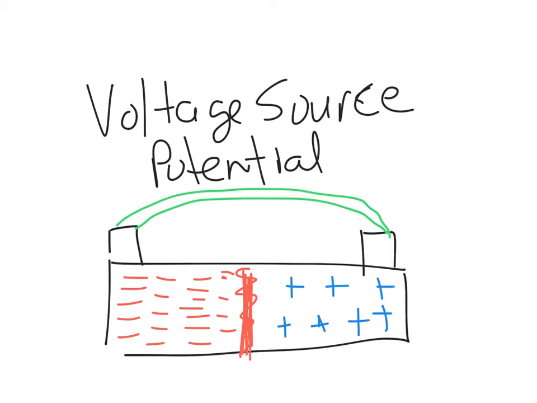Now, once those guys are connected, our potential difference, or the ability to generate energy, starts happening, and our electrons start flowing out from one side of the battery to the other. They keep flowing, and eventually we'll get into what's called an equilibrium status.